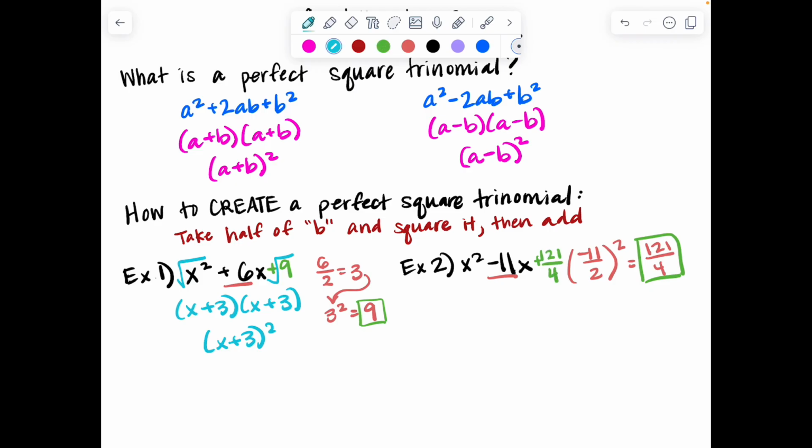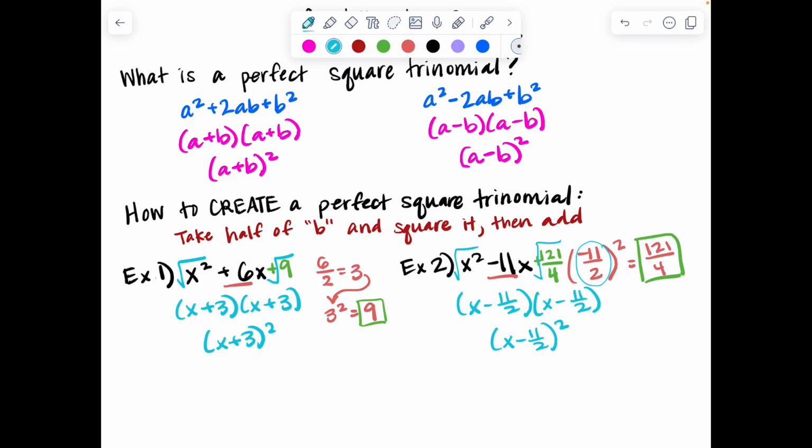And then factor it. So you can either take the square root or just remember that this was the number. So when we factor that out, we're going to end up with (x minus 11 over 2) times (x minus 11 over 2), (x minus 11 over 2) squared.